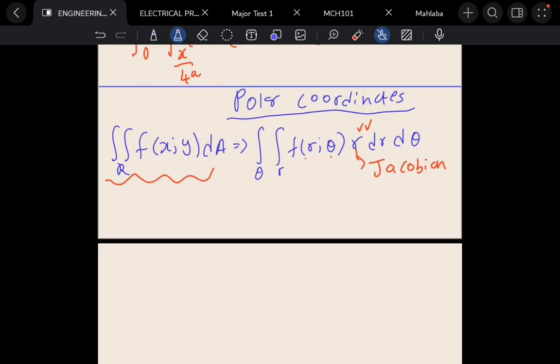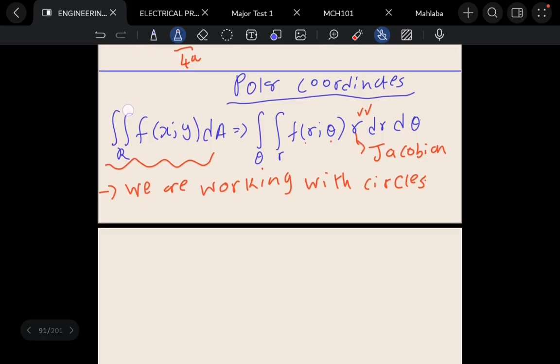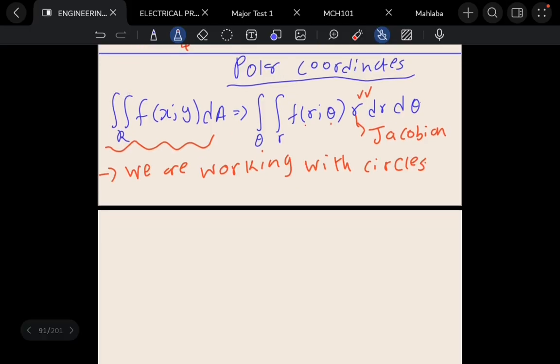So what you need to know here is that we are working with circles. We are working with a circle, with circles of different kinds. Now we are going to have quarters, halves, different kinds of halves.